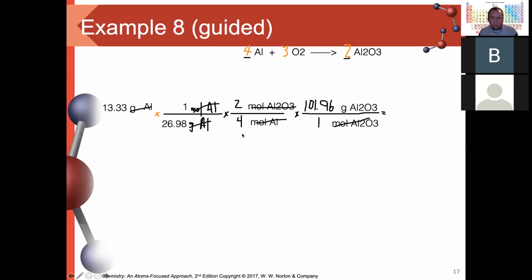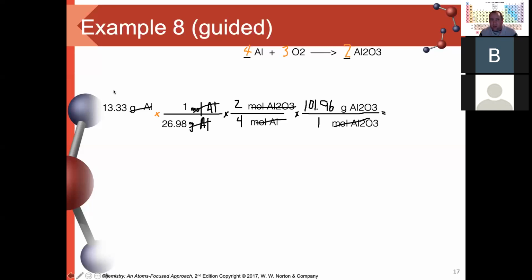Two. Four. It should be 4. Why 4? Because we're multiplying and dividing here. So we need to round based on the measurement that has the fewest sig figs.